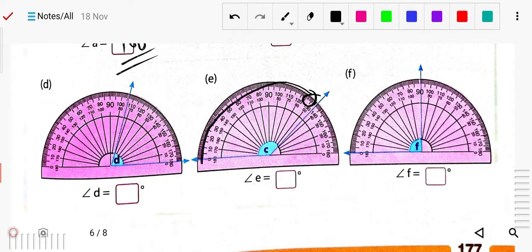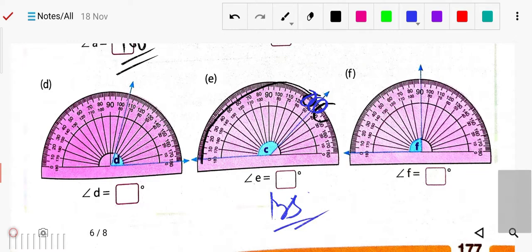But it is not exactly on 130, it is between 130 and 140, a difference of 5. So 130 plus 5 is 135, so you write 135 degrees.